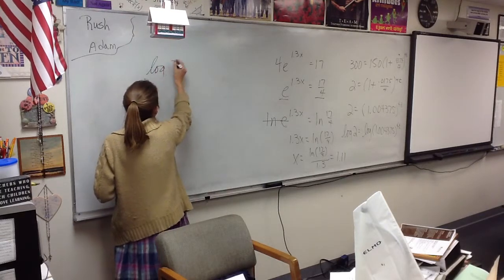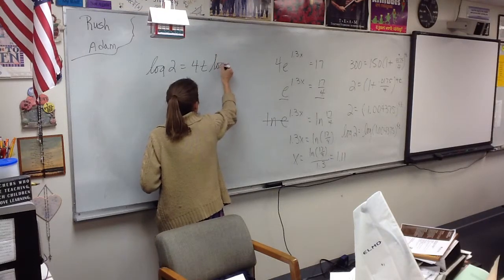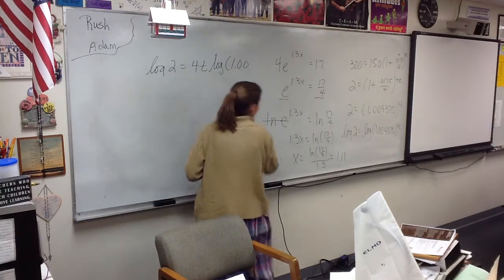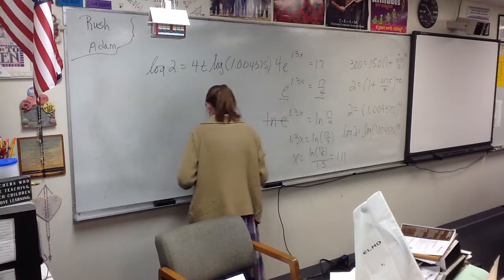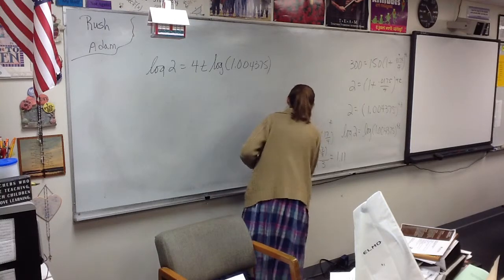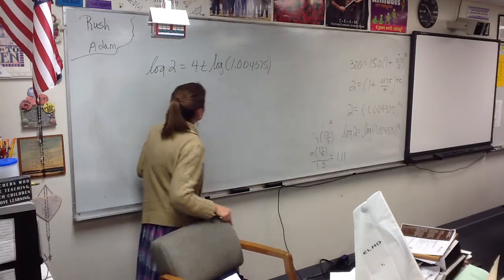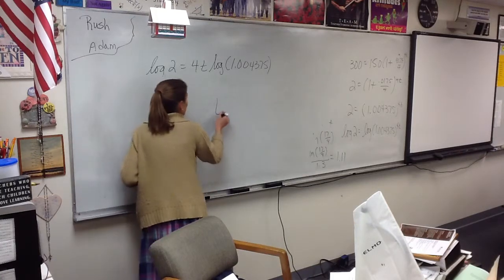So I'm going to have the log of 2 equals 4t times the log of 1.004375. Now I'm solving for t.